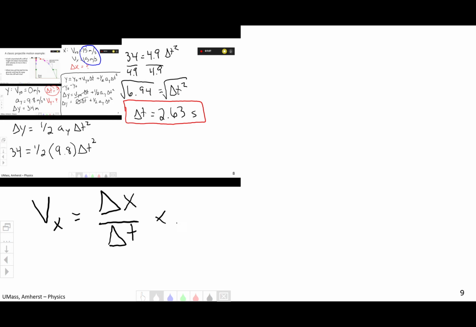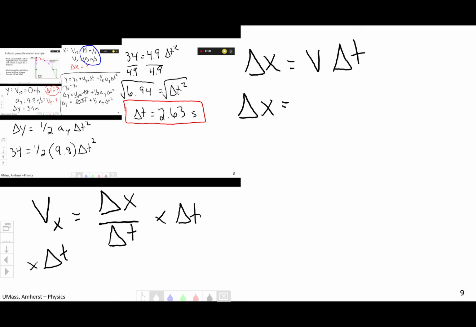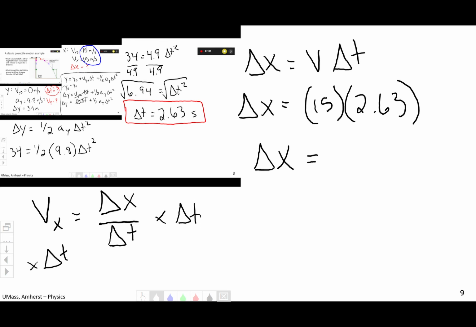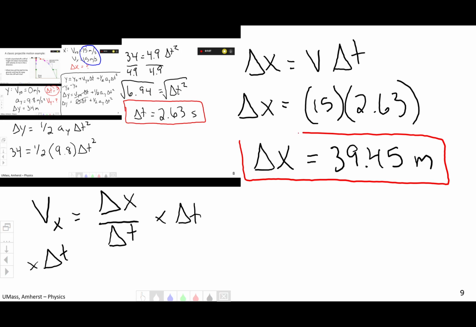If we multiply by delta t, we get delta x equals v delta t, both of which we know. We want delta x. We know 15 times 2.63 seconds, giving us a delta x of 39.45 meters. And that's the other piece of information that we wanted to know.